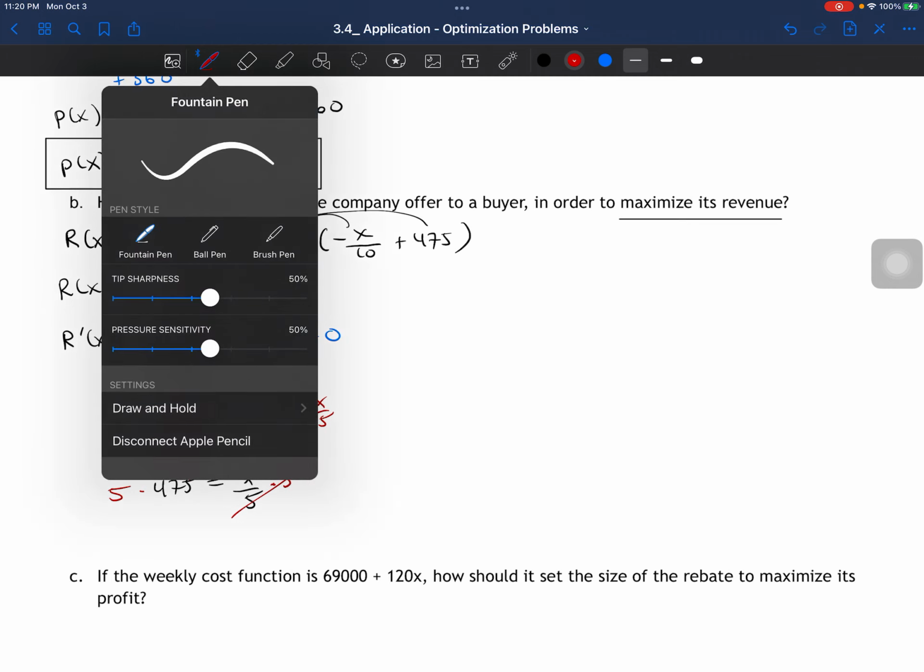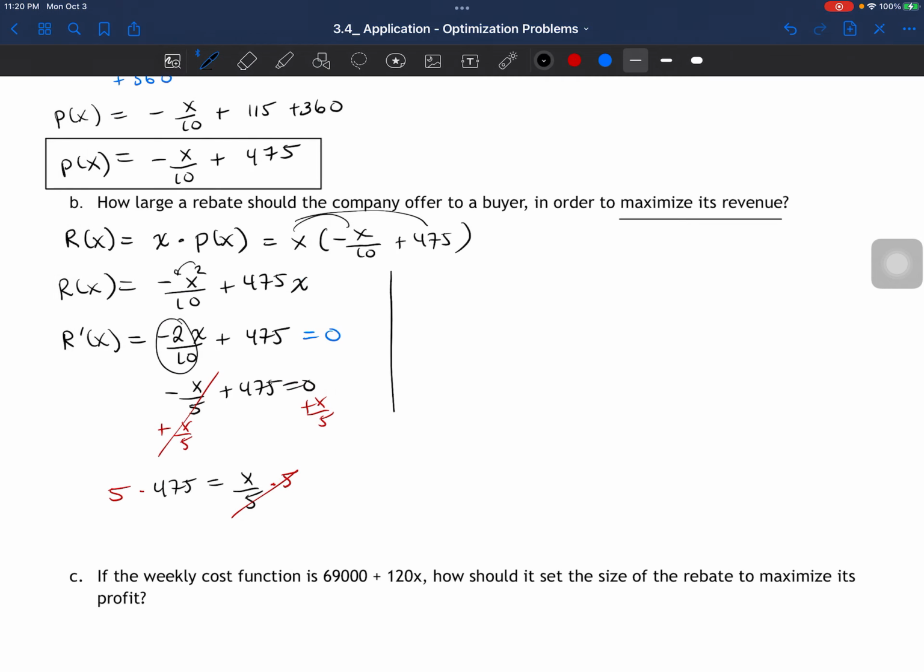To solve for x, we will multiply both sides by 5. So therefore, we get that x is equal to 475 times 5 is 2,375.